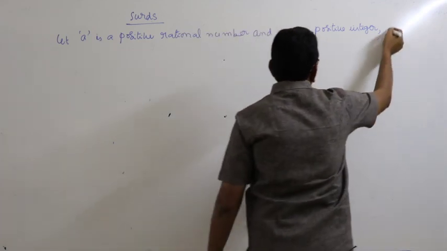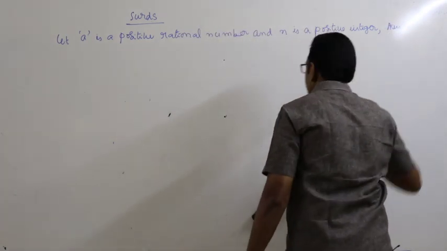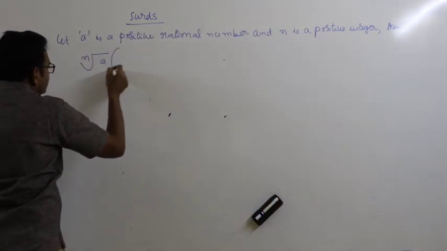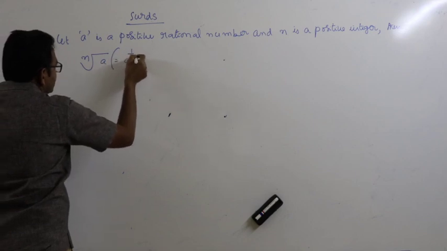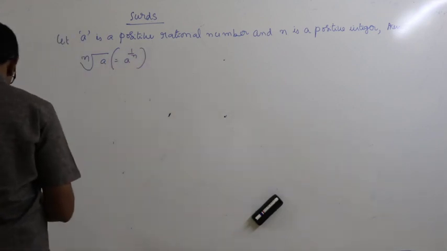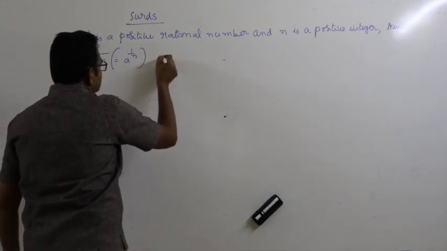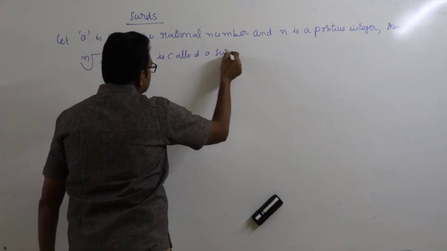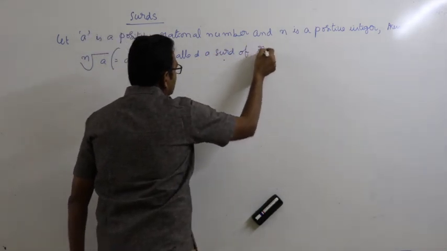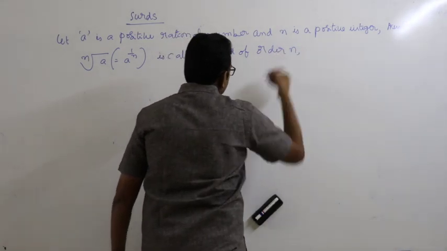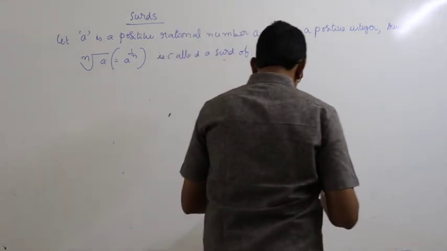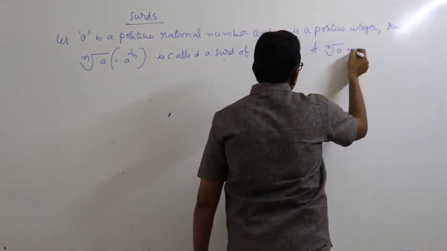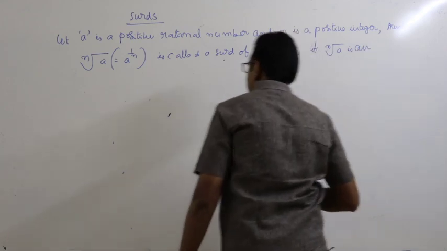Then the nth root of a, that means a to the power of 1 by n, is called a surd of order n if the nth root of a is an irrational number.